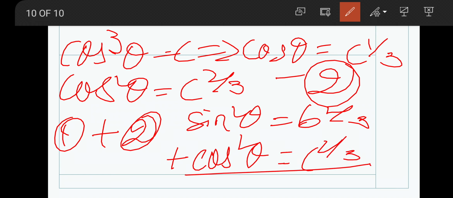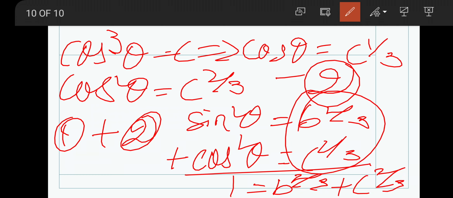So sine square theta plus cos square theta equals 1, which equals b to the power 2 by 3 plus c to the power 2 by 3. Here they asked you to eliminate theta, so we eliminated theta.